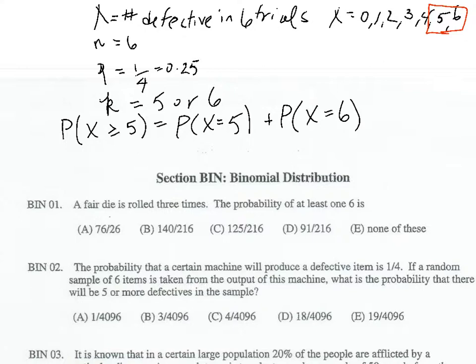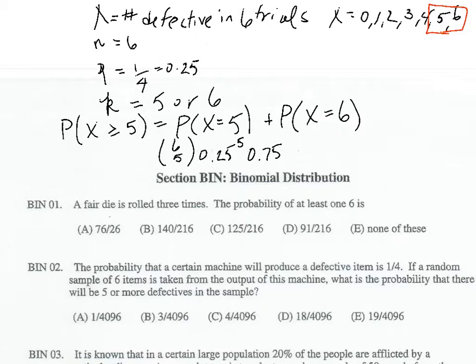Using the binomial formula, the number of ways out of 6 to choose 5 successes times the probability of a success to the number of successes times the probability of a failure to the number of failures.